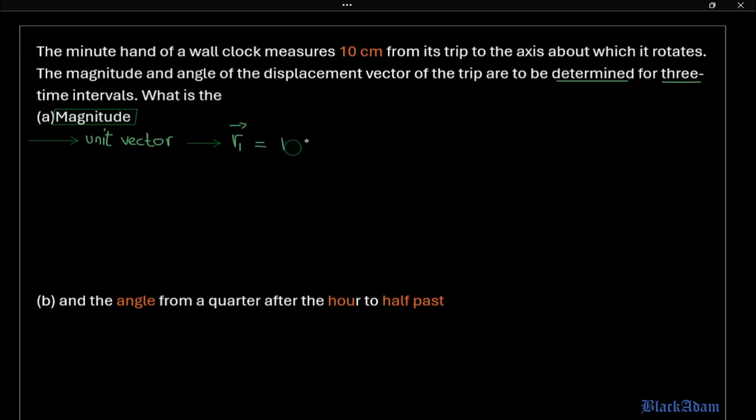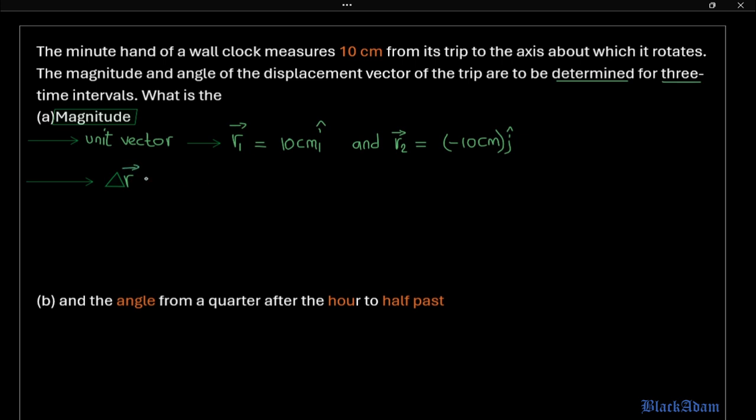So we have displacement 1, which is a vector of 10 centimeters, and then we also have a second displacement which is negative 10 centimeters, and that is y, that's j. So it's a 2-dimensional vector.